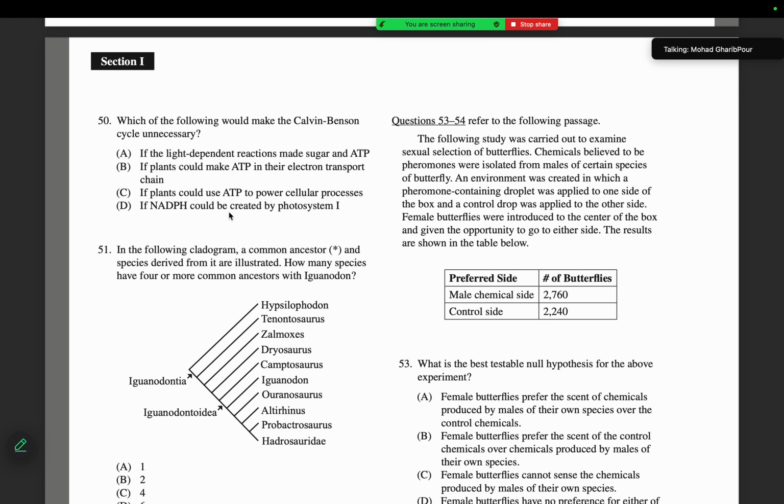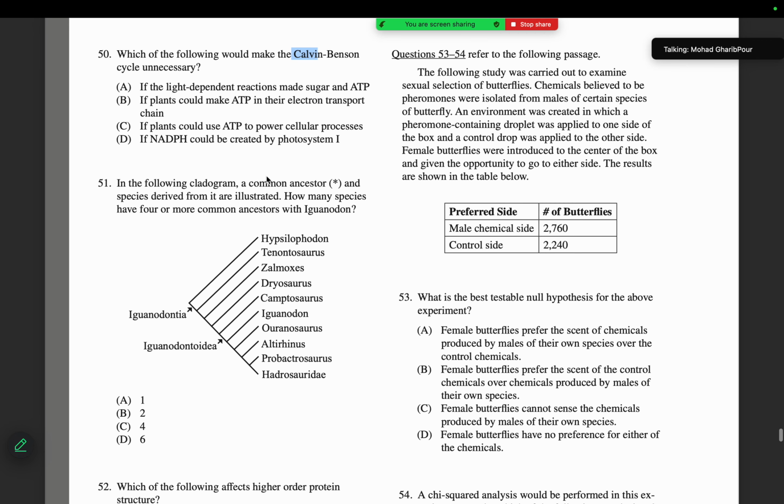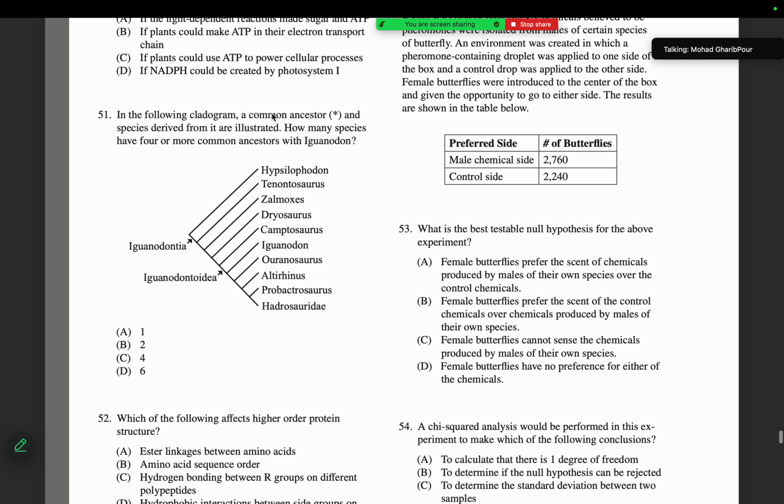If NADPH could be created by photosystem 1, that doesn't really have anything to do with this. So yeah, this one would be A. You'll just have to study the cycle basically. Review the cycle if you didn't get this one right.